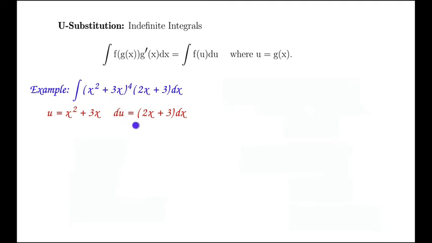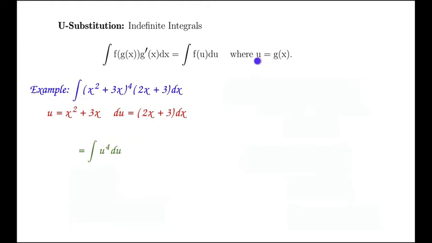If we have du on this side, we need a dx on this side. In this case, 2x plus 3 times dx appears directly in the integral. So we can replace the 2x plus 3 dx by du, and we can replace the x squared plus 3x by u. And what we're left with is the integral of u to the fourth du.